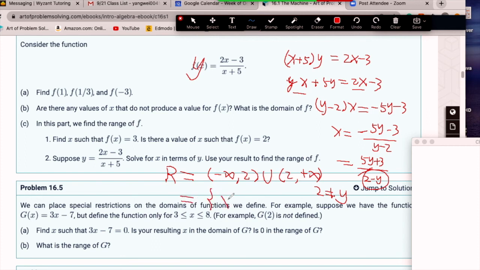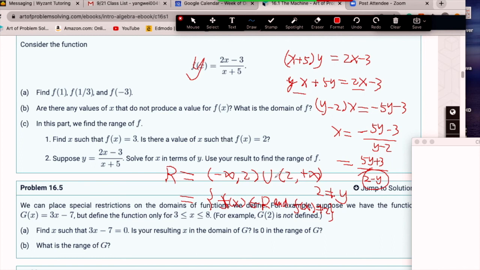Another way is to write f(x) belongs to R and f(x) is not equal to 2. Okay, these two ways are equivalent. That means you need to take the 2 away from this range. Otherwise, you have the denominator equal 0. That's meaningless.